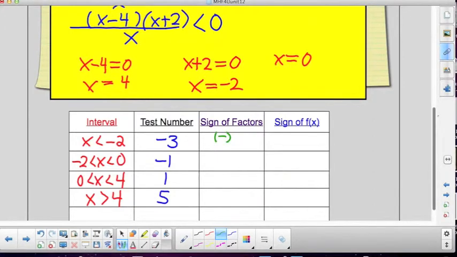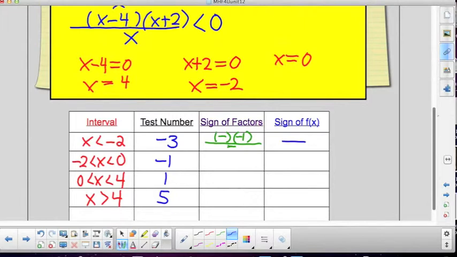Negative 3 plus 2 is going to give me a negative number. And negative 3 by itself in the denominator would give me a negative number. Now that means that the sign of f of x, a negative times a negative in my numerator gives me a positive, divided by a negative is going to give me what? Positive divided by a negative is a negative.